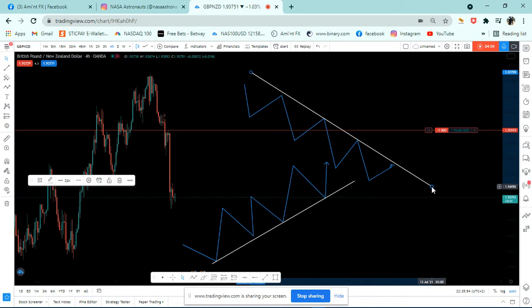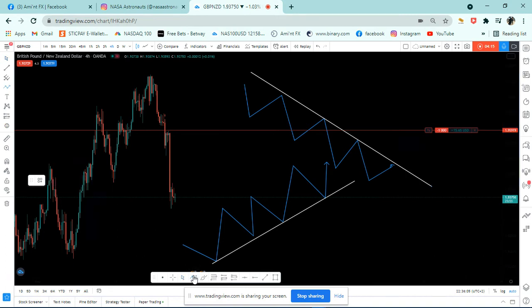So what I mean is this: we saw that the market was in a downtrend. So what the market does if it wants to start going up, we see that it's continuing.